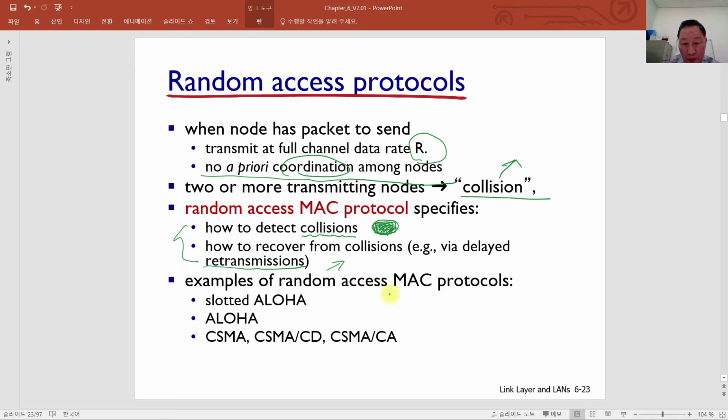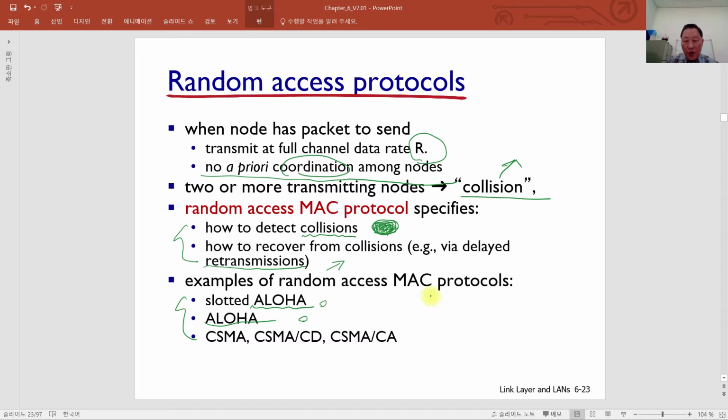Examples of random access MAC protocols we learn are, historically, slotted ALOHA and ALOHA. This is the greeting of Hawaii.